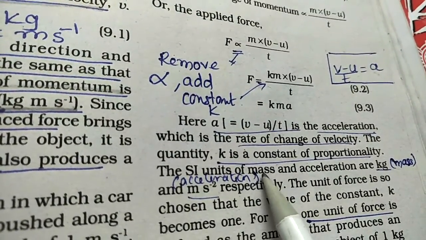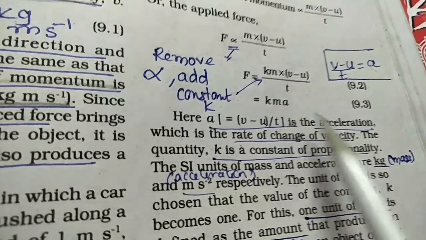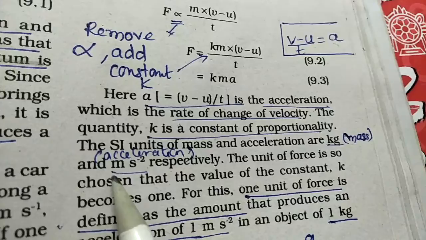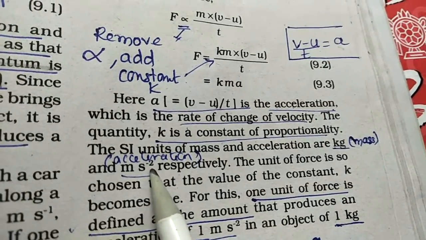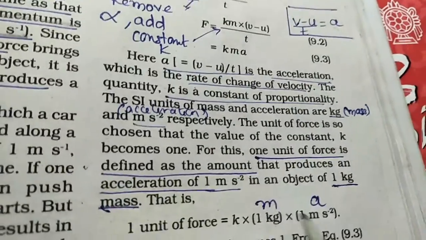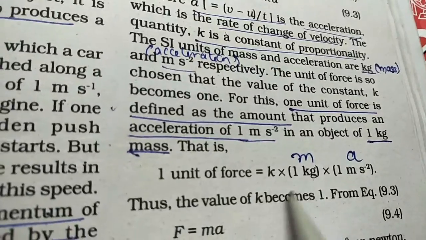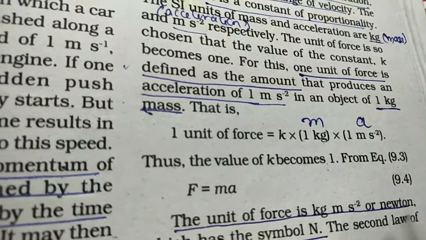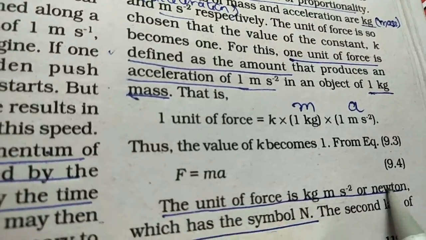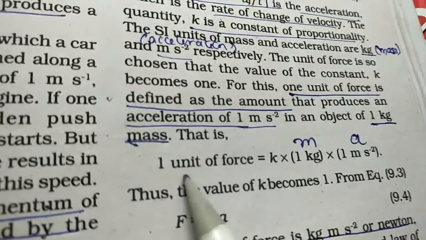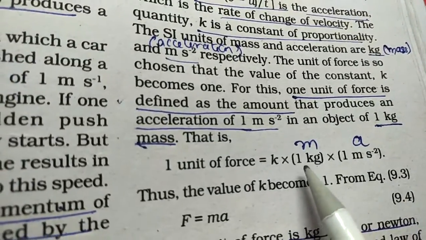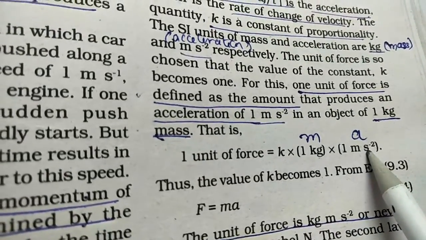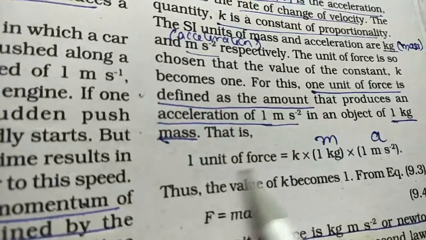Now the units are of mass and acceleration, that is m and a. You have kg for mass, and for acceleration you have meter per second square. So here the unit will be kg meter per second square, which is also known as Newton. So 1 unit of force is when you have 1 kg of mass and 1 meter per second square of acceleration, that will give you 1 Newton.